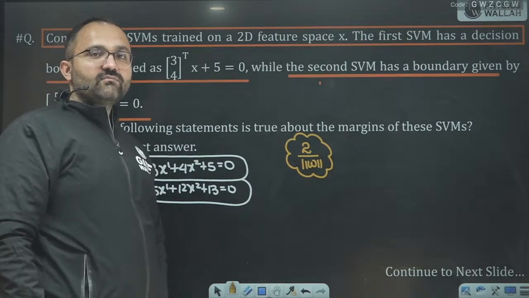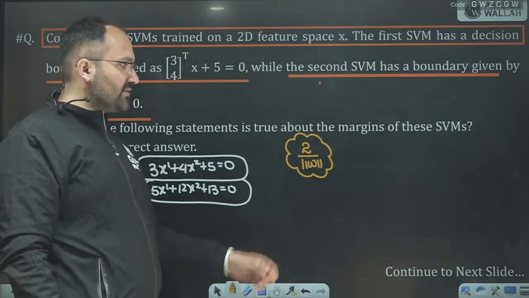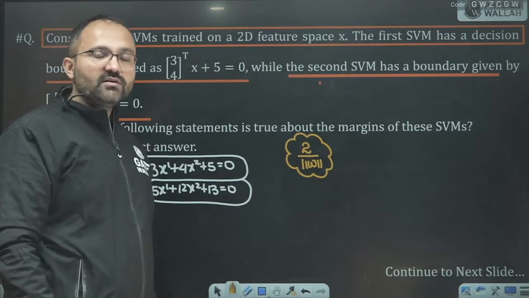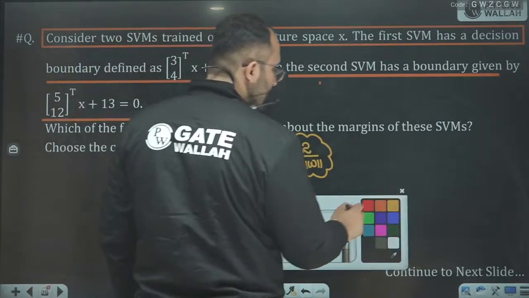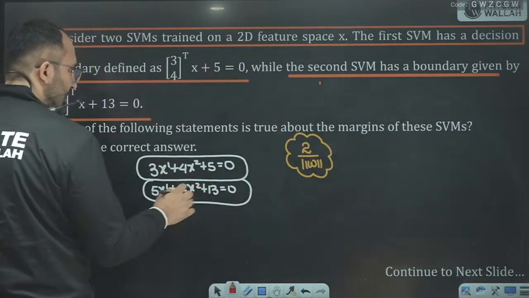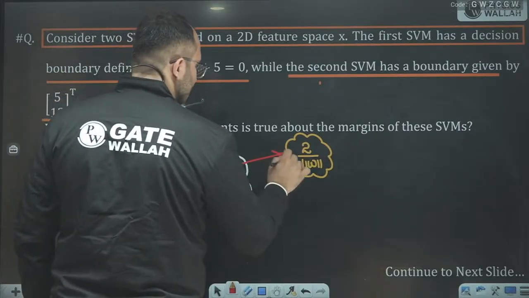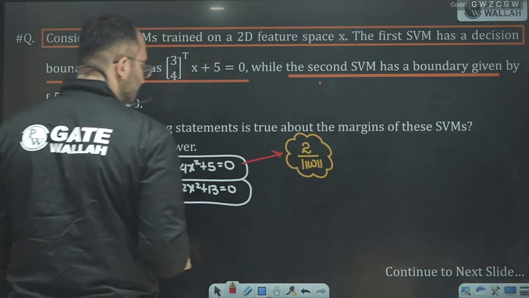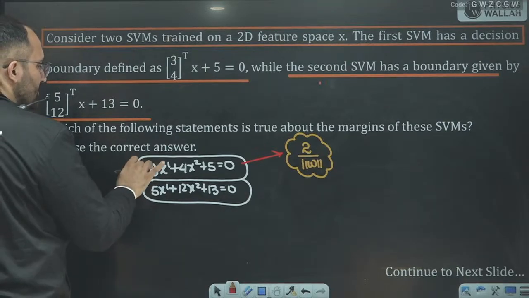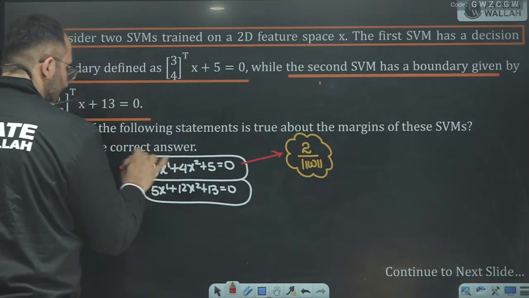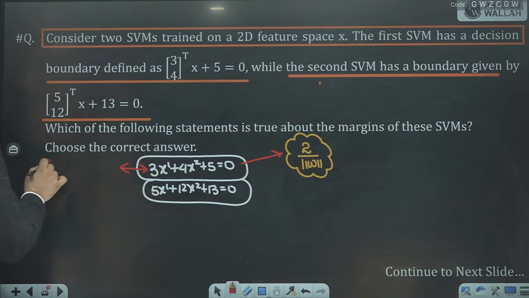Until the marginal planes are given, we cannot tell what is the margin of the SVM setup. Margin is not equal to this until the marginal planes are known to us, because this classifier is the same as multiplying this by 2.